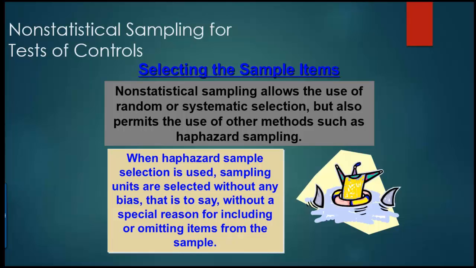Okay, so let's just make sure that we understand a couple of concepts. One of the things we need to understand as we're going through sampling from an auditor's perspective is that we're never going to be statisticians. I'm certainly not a statistician.